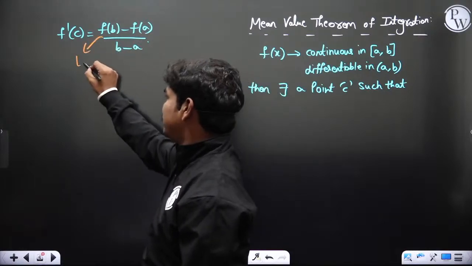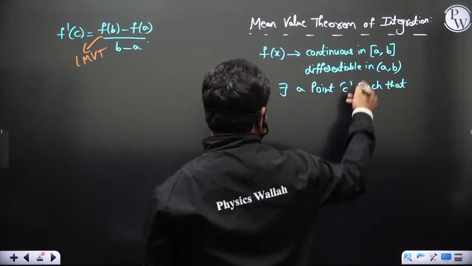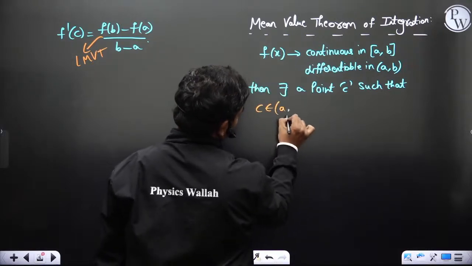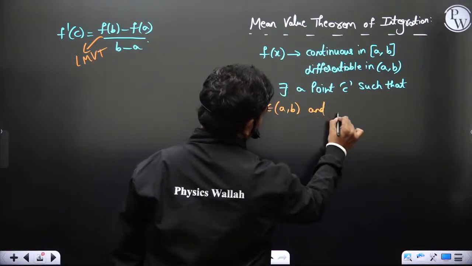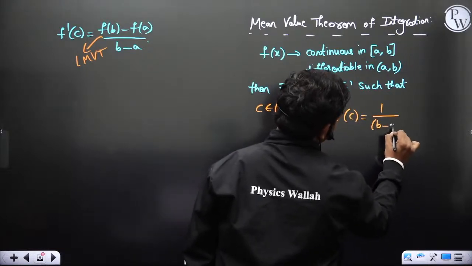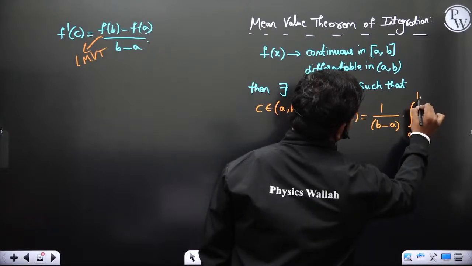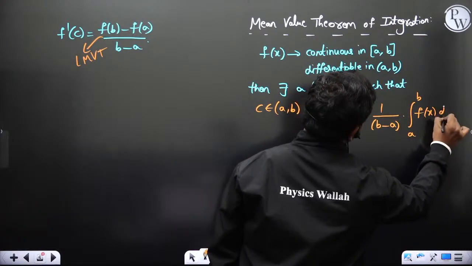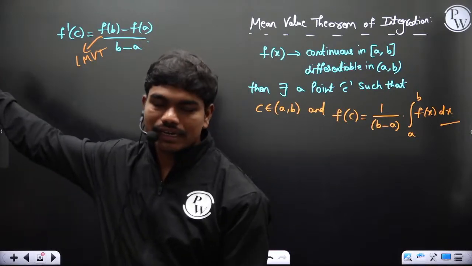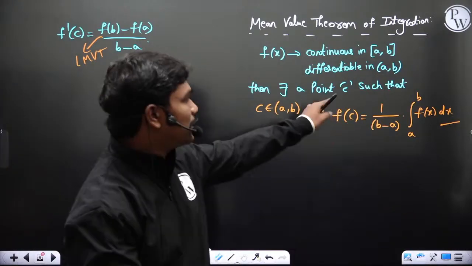In this case, c lies between a and b, and f of c is equal to 1 by b minus a times the integral from a to b of f of x dx. This is the mean value theorem of integration.